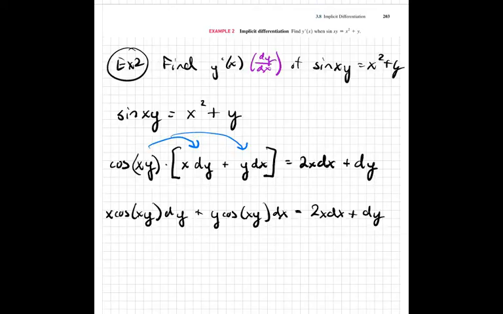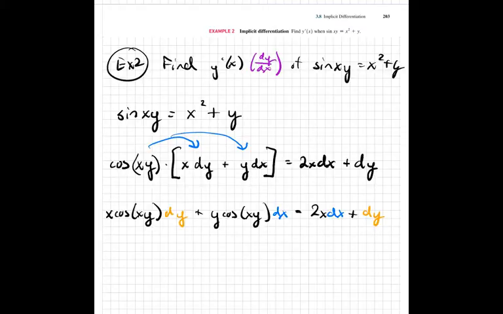Now let's get all the terms that have dy on the left. There's a dy here, and there's a dy here. Instead of yellow, I'm going to do orange because I feel like it pops a little bit better than yellow. And now dx, we'll do this one. Got Goku colors going today.